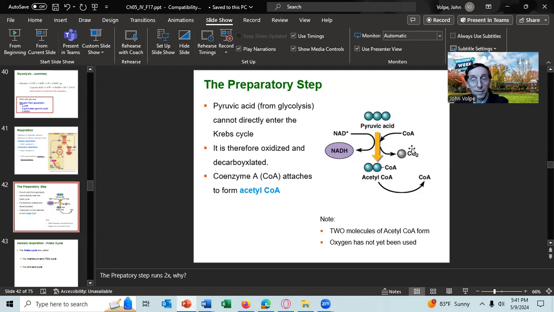Note the preparatory step runs twice because for one molecule of glucose, you generate 2 pyruvic acid molecules in glycolysis. You'll also note that oxygen has not been used yet, either in glycolysis or the preparatory step.